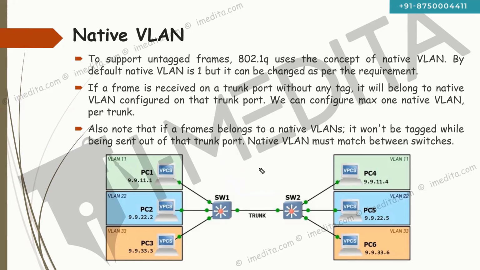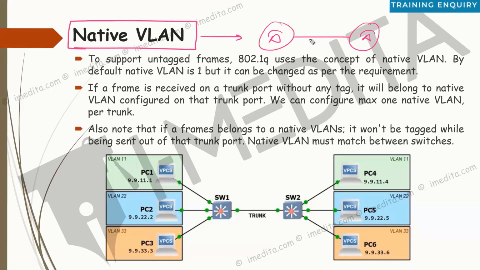Right? So typically in older environments, we used to use this native VLAN to forward the traffic from IP phone to IP phone without being tagged, from one switch to another switch.